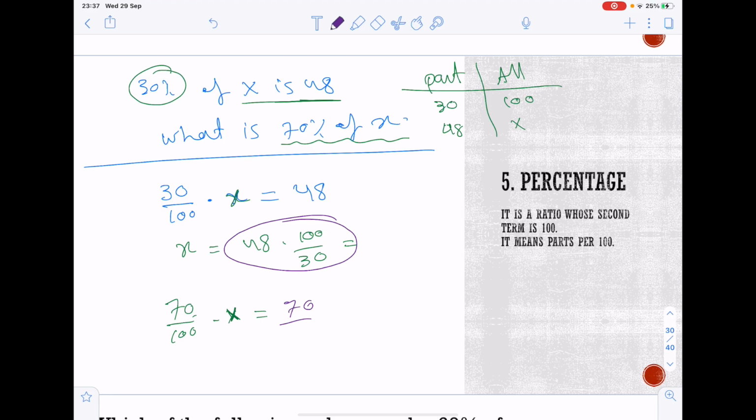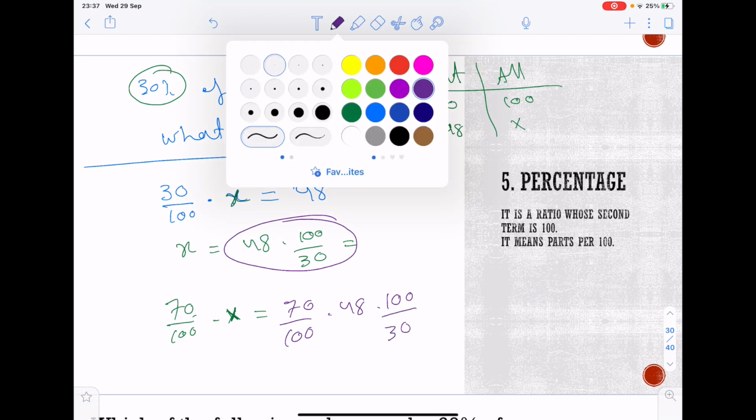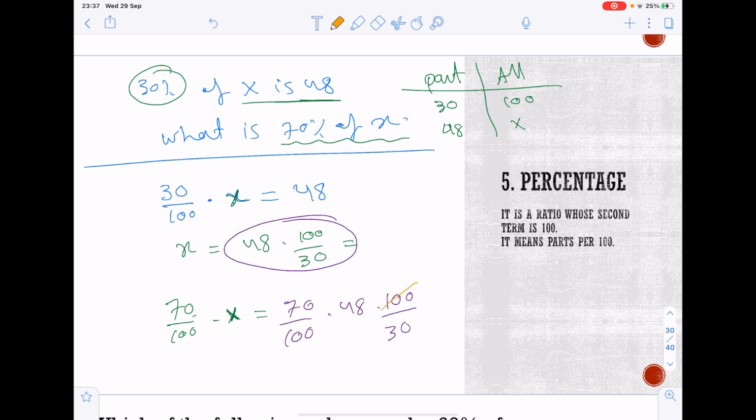So 70 out of 100, then I will put the value of x, which is 48 times 100 over 30. And now I'm trying to simplify the values here. This 100 will be cancelled with this 100. This 0 would be cancelled with this 0. Okay. And then I will be left with 7 times 48 over 3. Of course, I can also simplify 48 with 3.